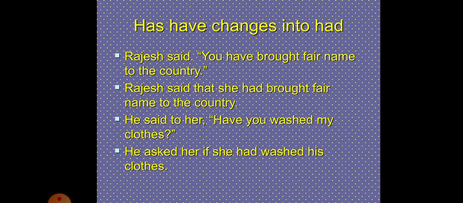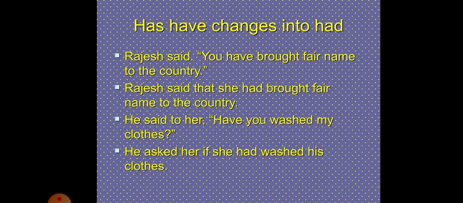Has and have change into had. When we look at the examples, Rajesh said, "You have brought fair name to the country." Rajesh said that she had brought fair name to the country. He said to her, "Have you washed my clothes?" He asked her if she had washed his clothes. Now here I want to tell you that for simple sentences, when you change from direct to indirect speech, you have to omit only the inverted commas, and you have to use that for joining the two clauses.